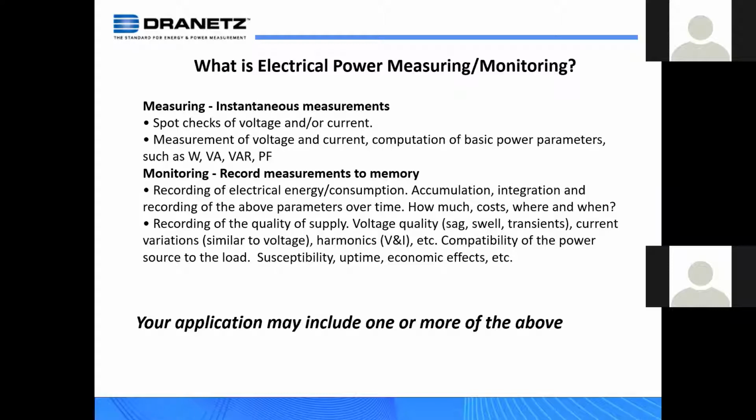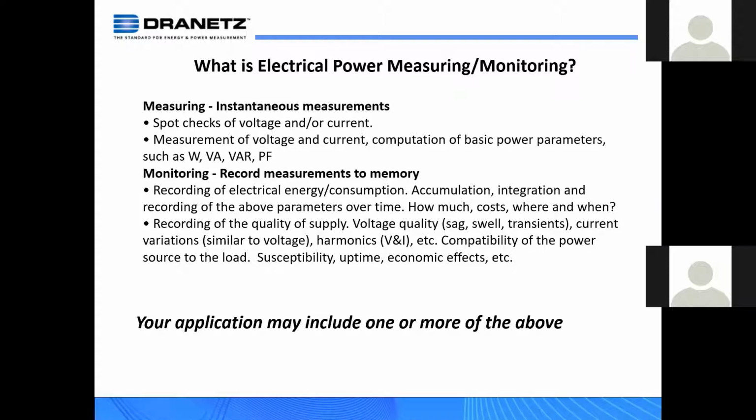If you have something that has two channels, you can get voltage and current at the same time, but you're not recording this information over time. So it's just a spot check. And if you are doing voltage and current at the same time, those meters may provide computation of basic parameters such as watts, VA, VARs, power factor, and things like that. So maybe this is a panel meter doing that for you, whether it be an older style analog meter or a more modern digital meter with an LED or an LCD readout. Again, these are real-time updates, and they come and they go.